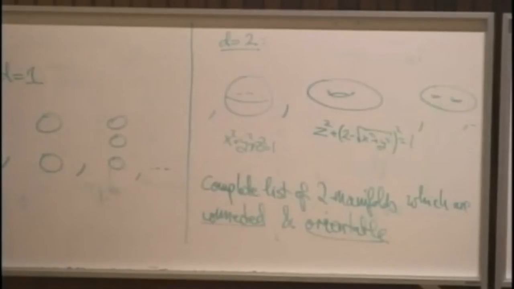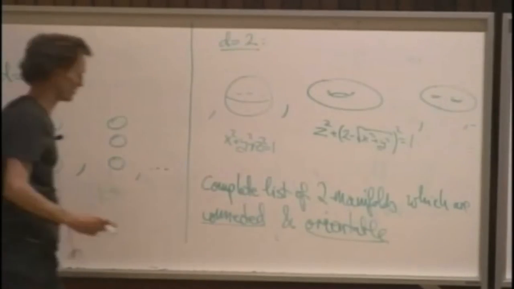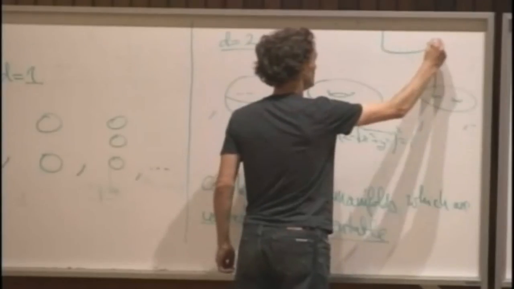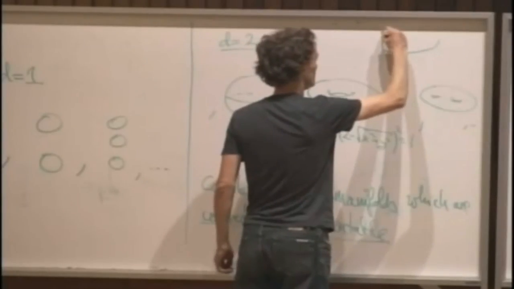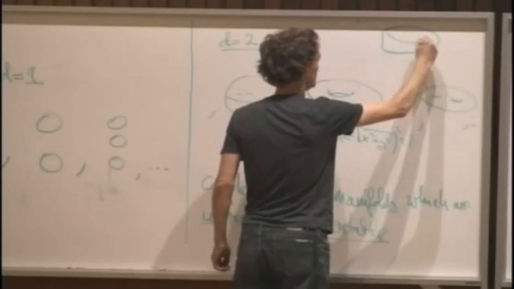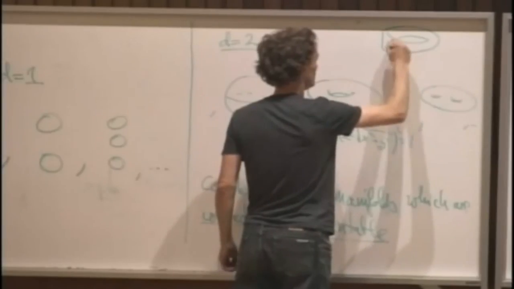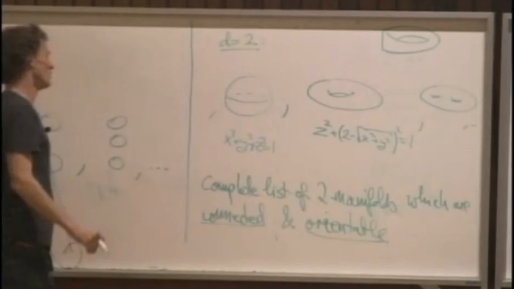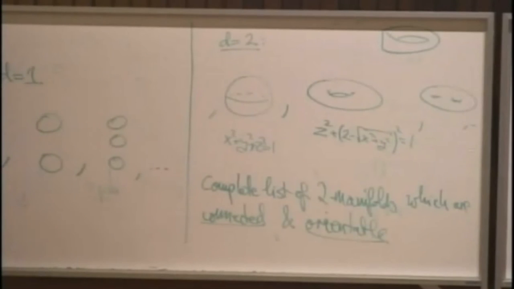Orientable means that it does not contain the Mobius band. The Mobius band is not orientable. Anyway, there's more or less a complete list known there.